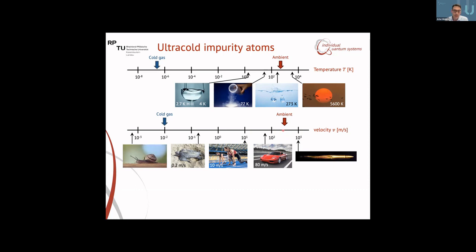Cooling that down means going down in velocity through the velocity of a sprinter to the velocity of a turtle on land. And somewhere between that and the velocity of a snail, that is the velocity that a particle at these ultra-cold temperatures has. And that means cooling down a gas to these ultra-cold temperatures means bringing the velocity into a range where we can easily observe dynamical properties.